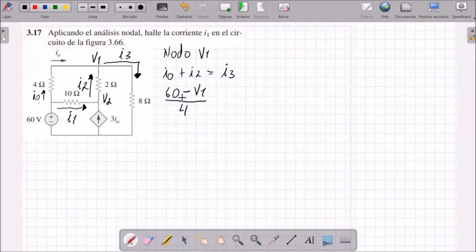This is the current I0 plus the current I2, the one that comes here, which is going to be the voltage B2 minus the voltage B1 over the 2 ohms. And that is the current that enters at this point, I0 plus I2. The current that comes out is going to be the same.